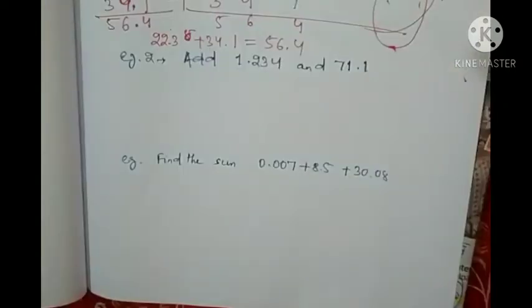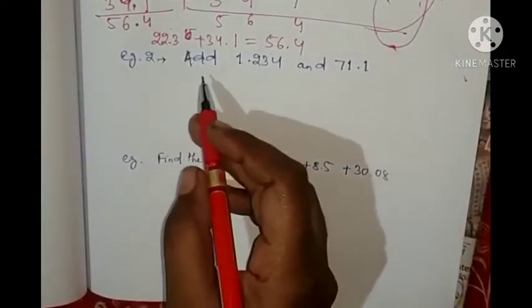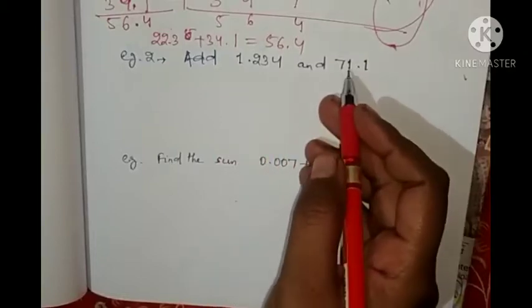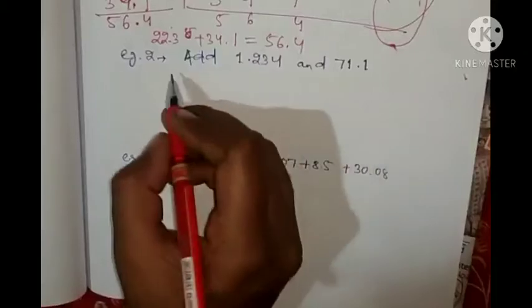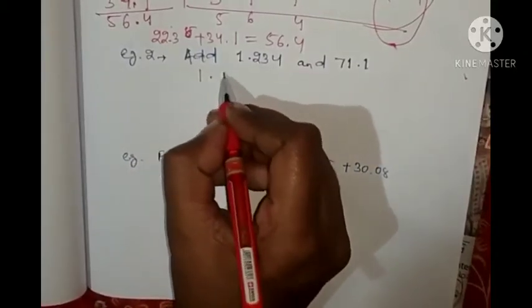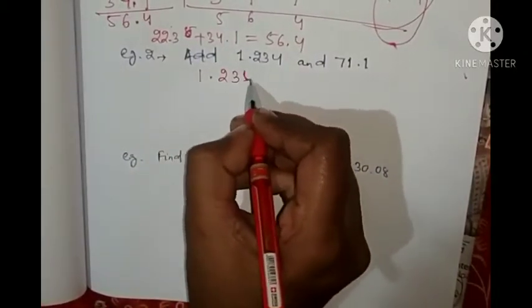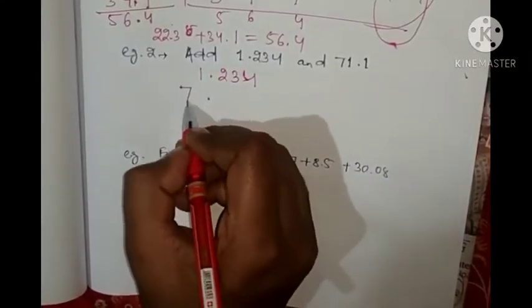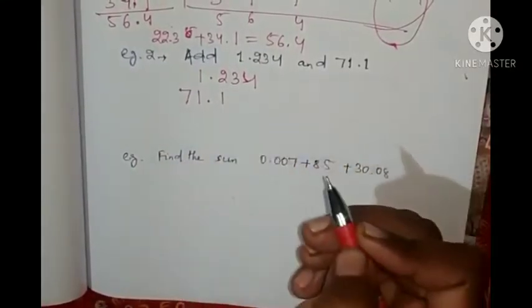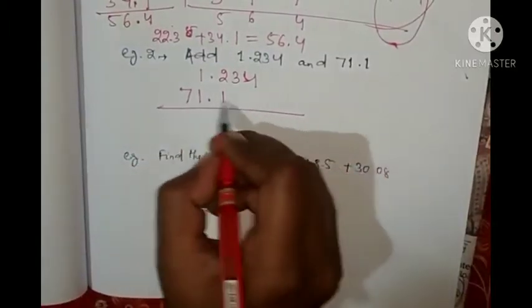Let's see another example. Add 1.234 and 71.1. Look here, 1.234 and 71.1, with the point here.